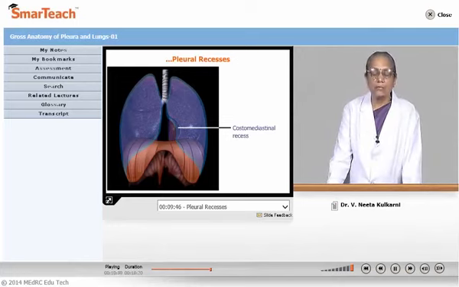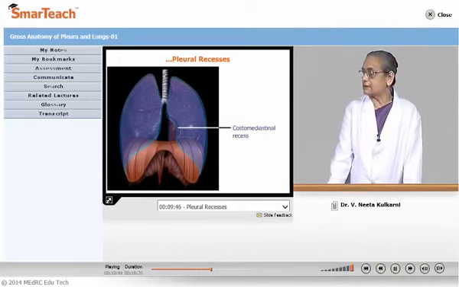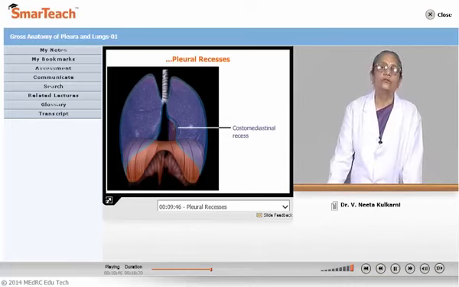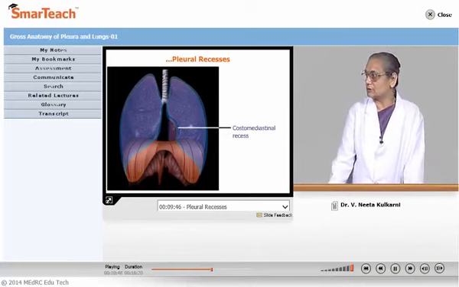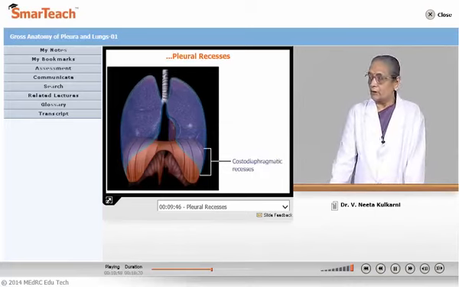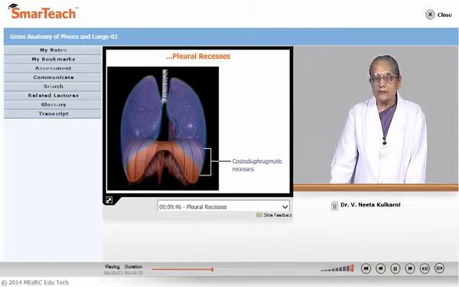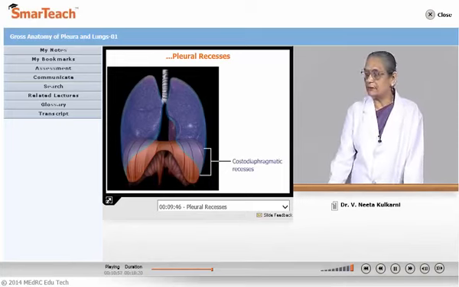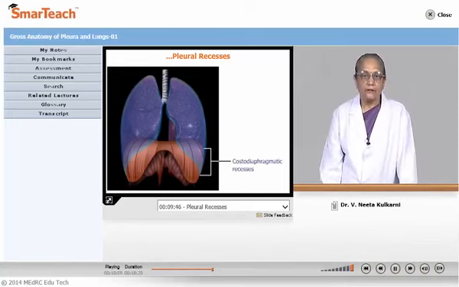These recesses are bounded by the costal and the mediastinal pleurae. The left recess is wider between the fourth and the sixth costal cartilages. Now, except the wide part of the recess on the left side, the rest of the costomediastinal recesses are filled with lung during deep inspiration.